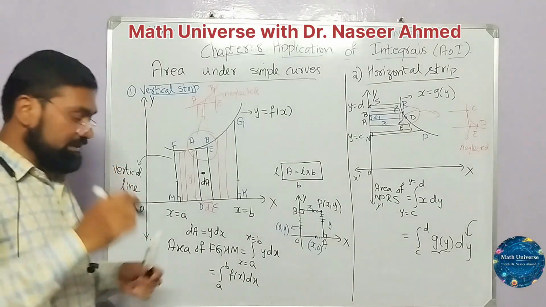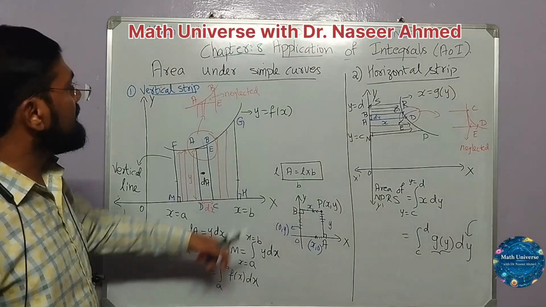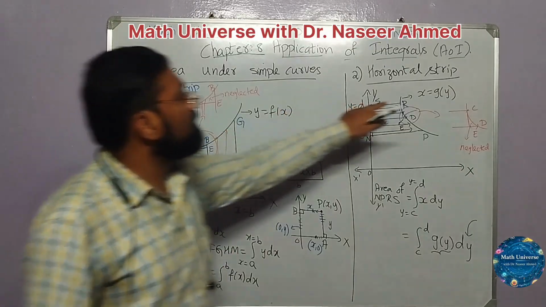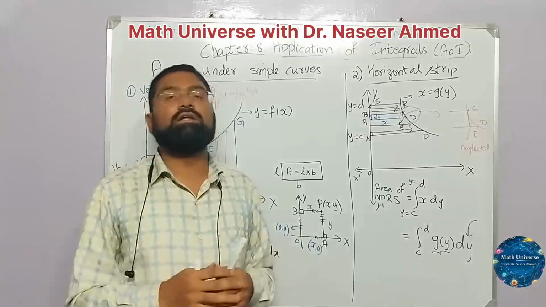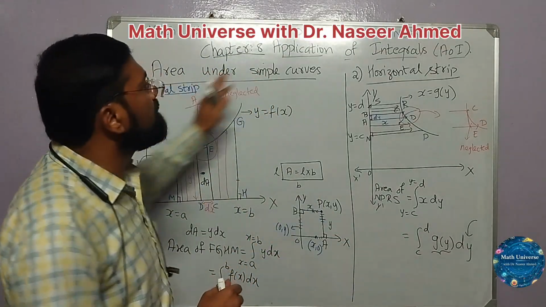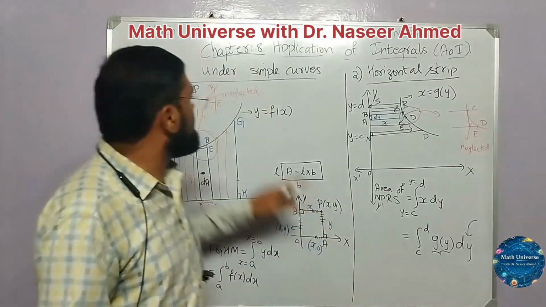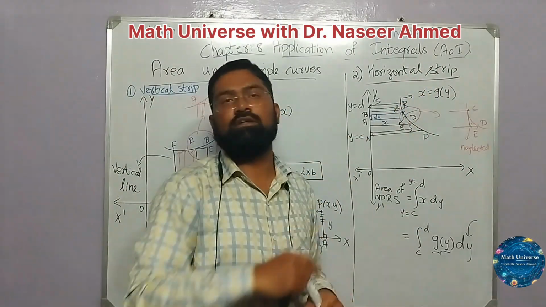It also means that when you get a problem, surely they will not have already solved for y or solved for x and given it. We are the ones who, after plotting the graph, will see whether the area is bound by the x-axis or y-axis. Depending on using a vertical strip or horizontal strip, we are going to solve either for y or for x. But for this, graph knowledge is important.